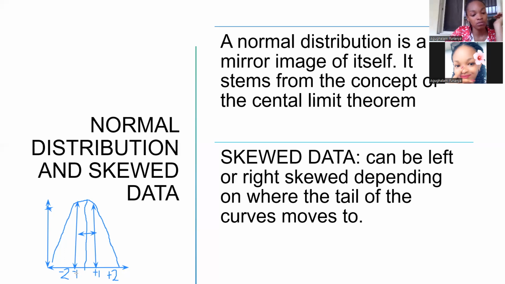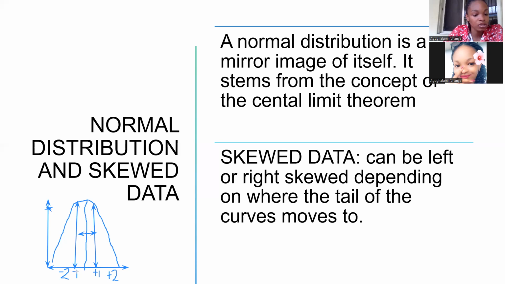Now, what does this mean? Minus 1 means that the score is below the average. The center middle line is the population mean.